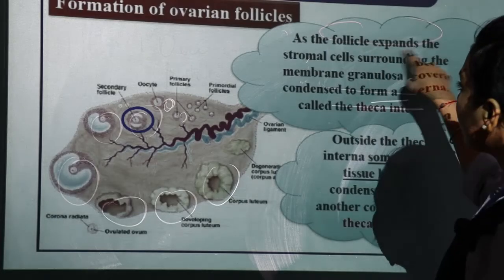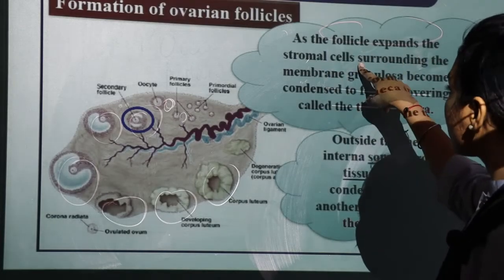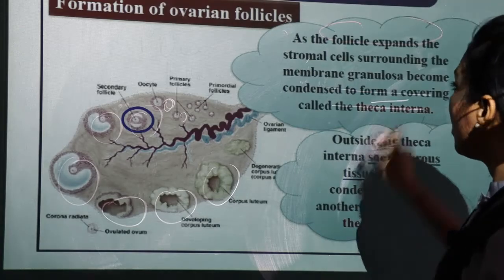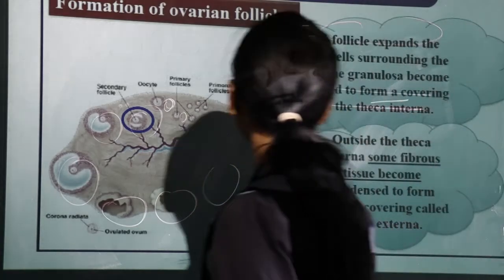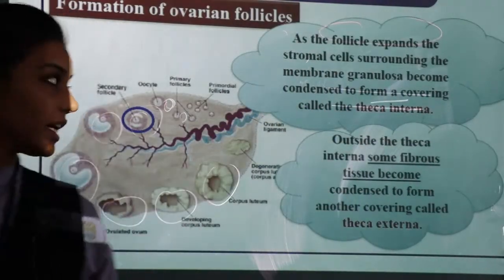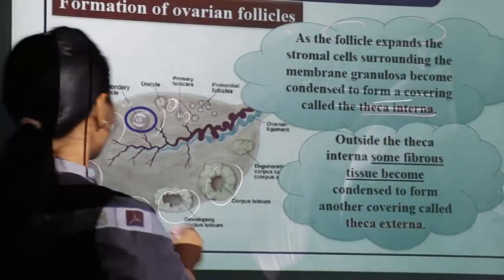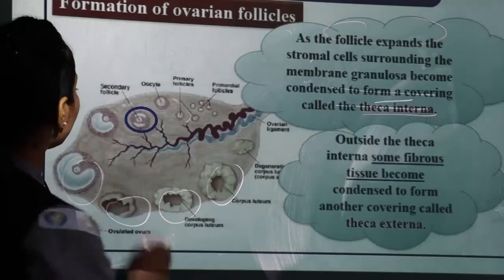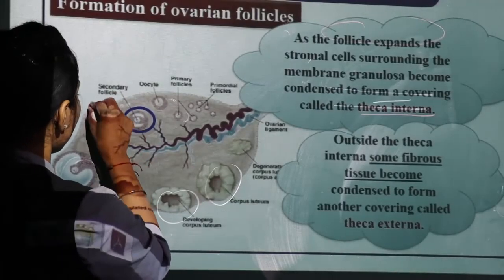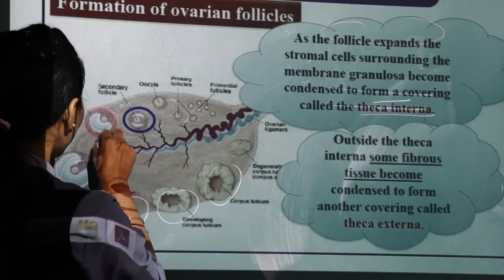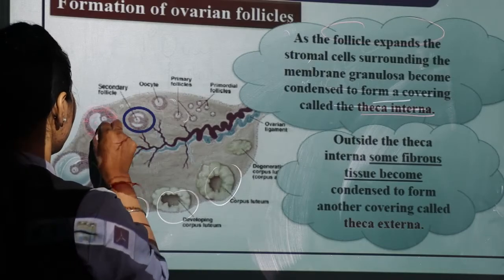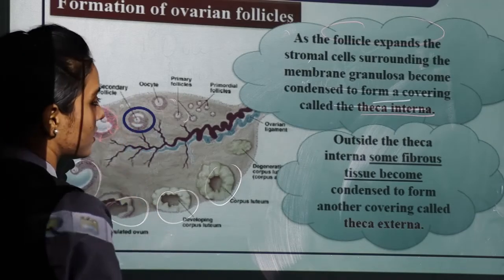As the Graafian follicle expands, the stromal cells surrounding the membrane of granulosa become condensed and form a covering known as theca interna. Once the theca interna is formed, you can see in the structure that this line has cells grown at the periphery and then growth of cells.